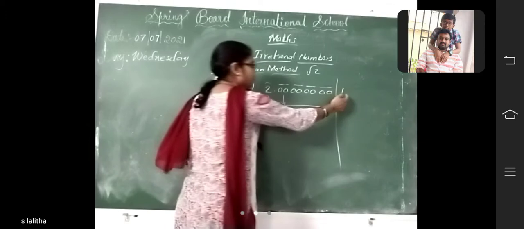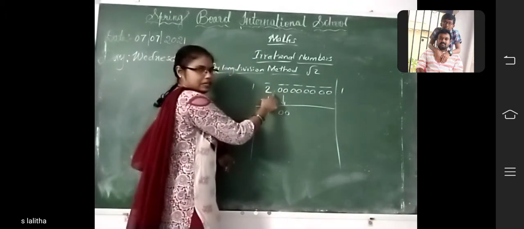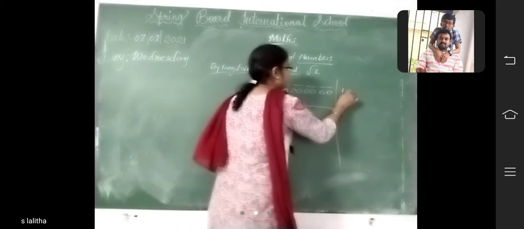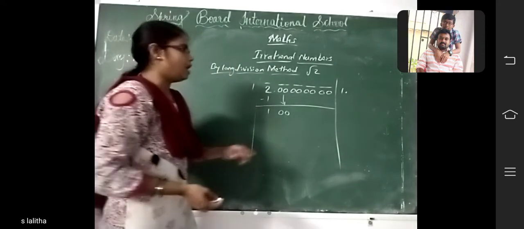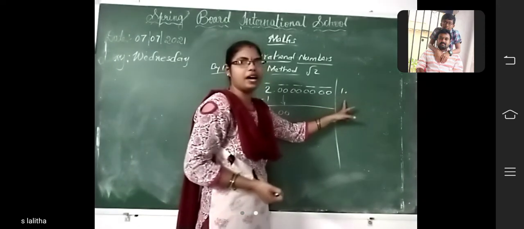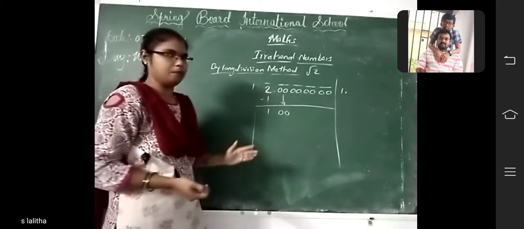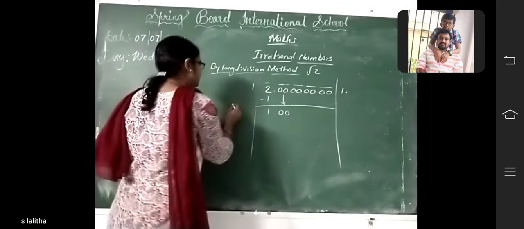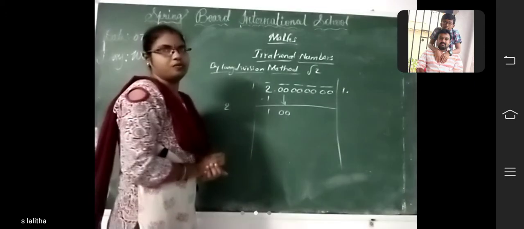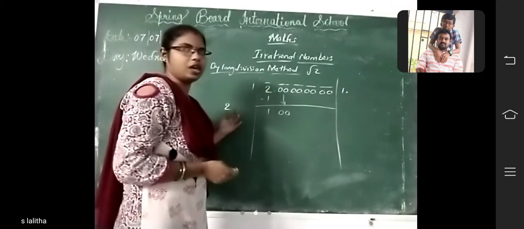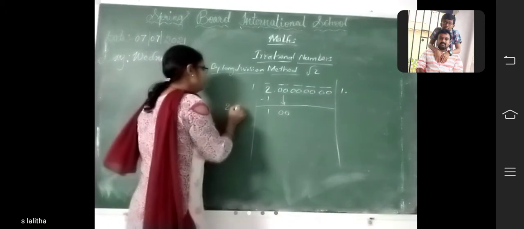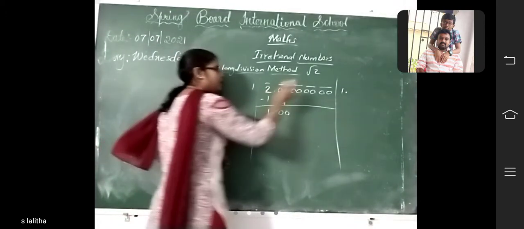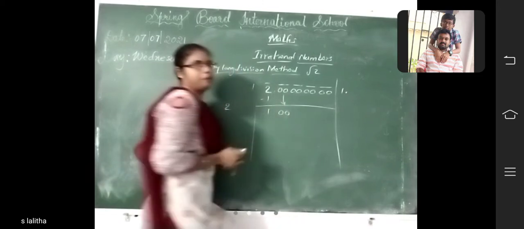Now here 1 is there, and here a decimal point is there, no? So you should keep the decimal point here. Now here what is the number? 1. You can double this one, twice that number. So what is twice that number? Yes, double that one is 2. Now here you have to write a number, and here also you have to write that same number.